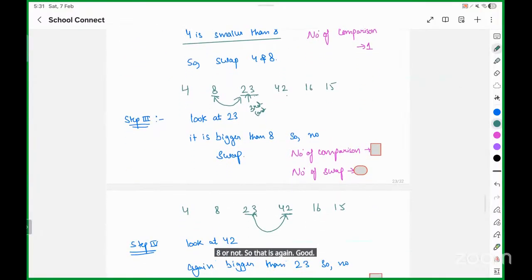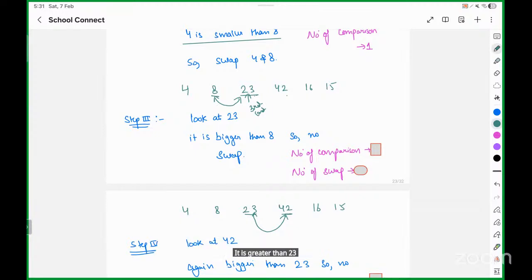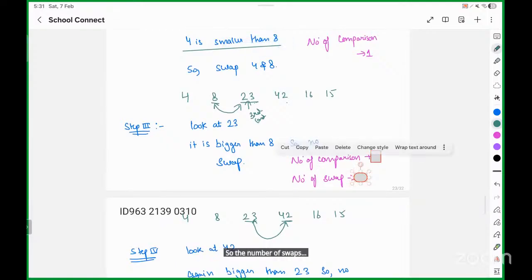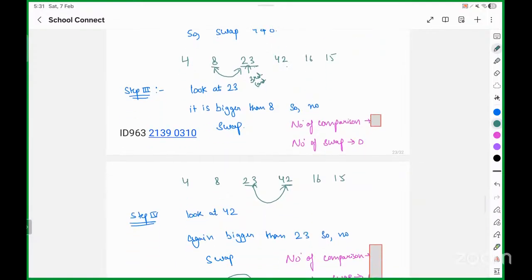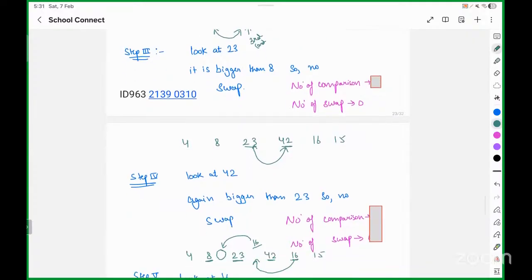And if we look at then 23, we compared this number first with 8 and we see that it is greater than 8. So there was no swap between them. So the number of swaps was 0, and the number of comparisons was 1.